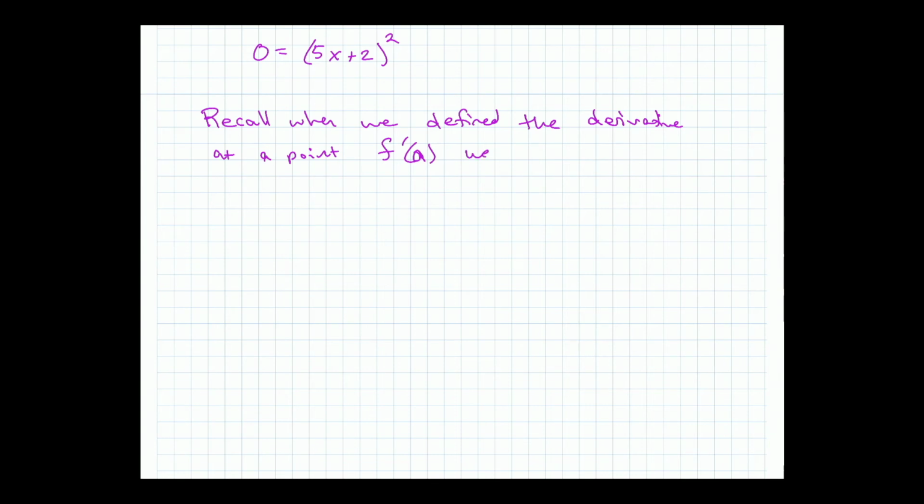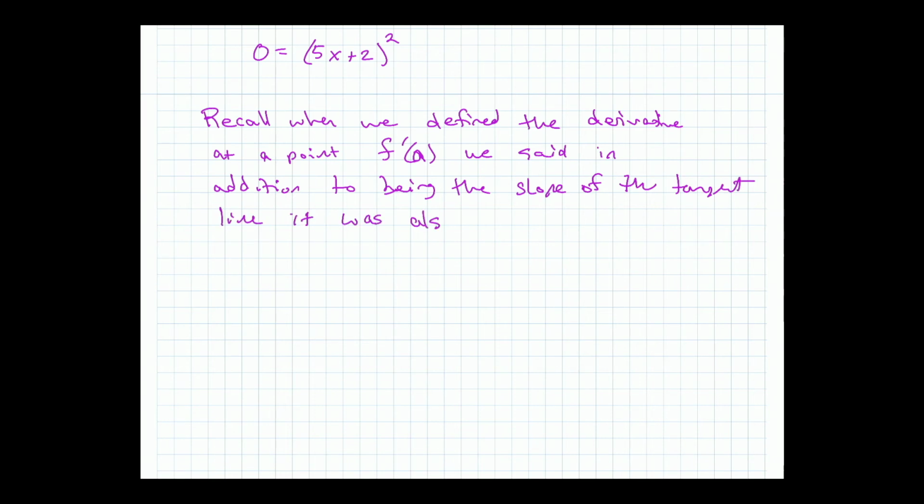We said, in addition to being the slope of the tangent line, it could also be interpreted as the velocity or instantaneous velocity of an object at time t equals a.